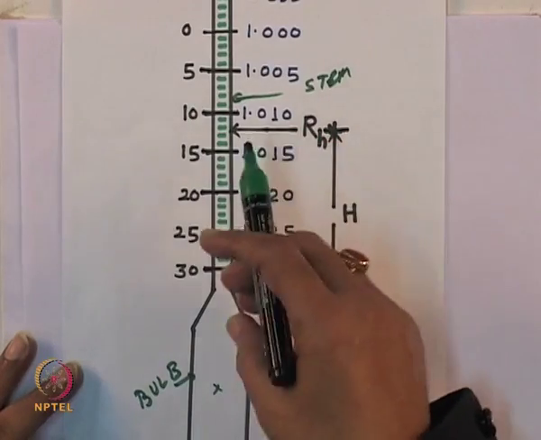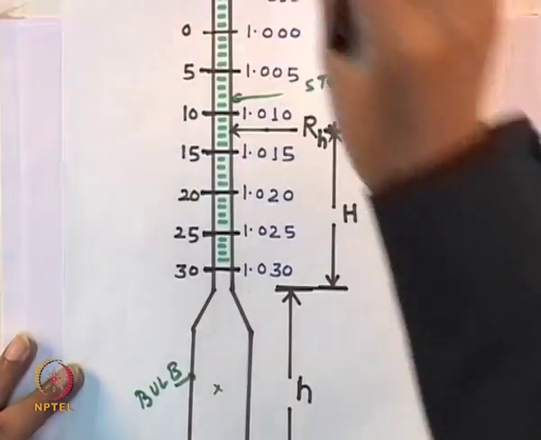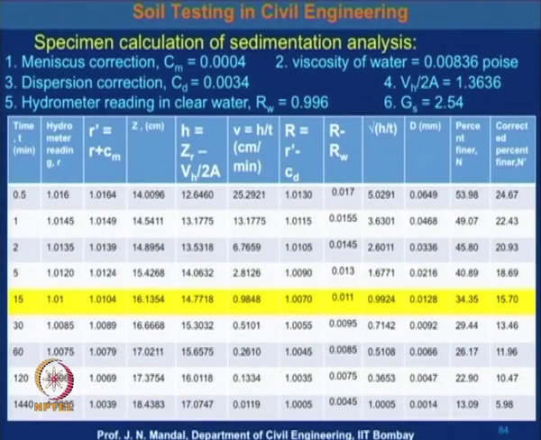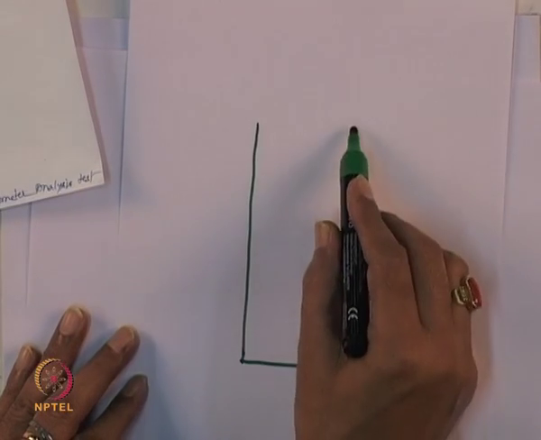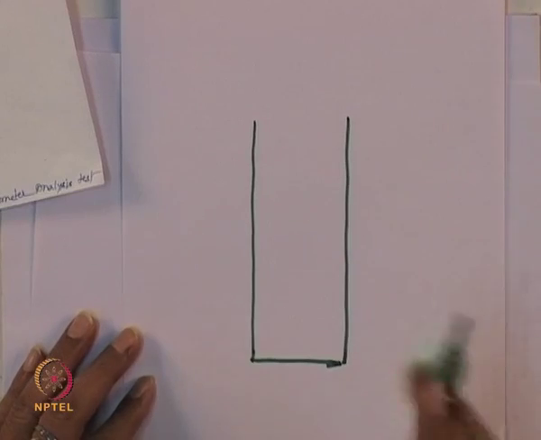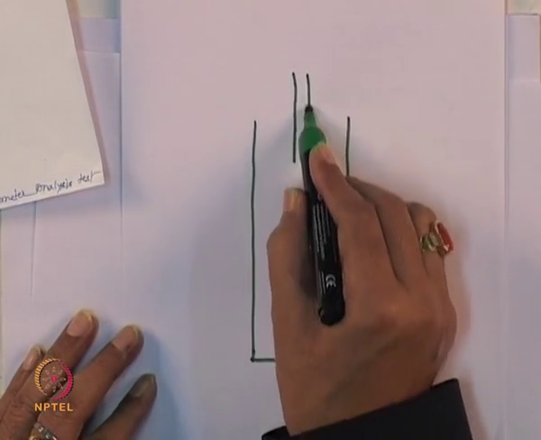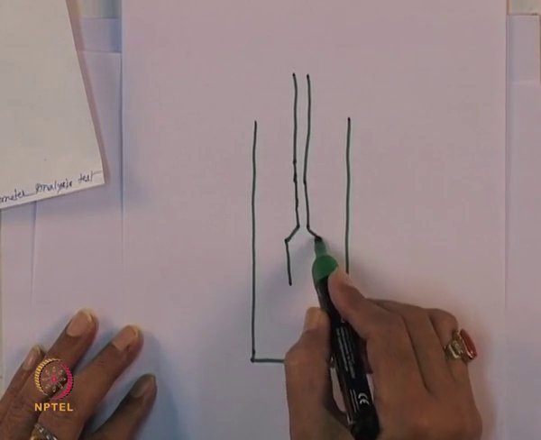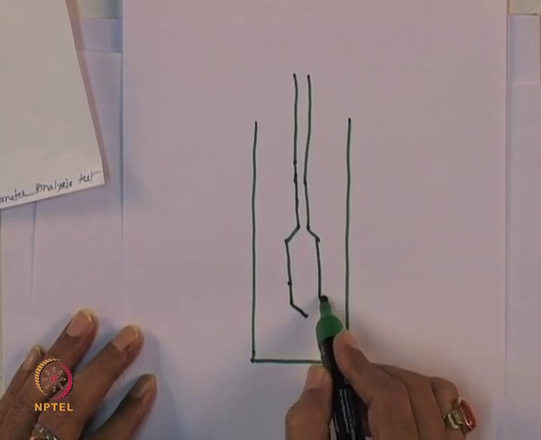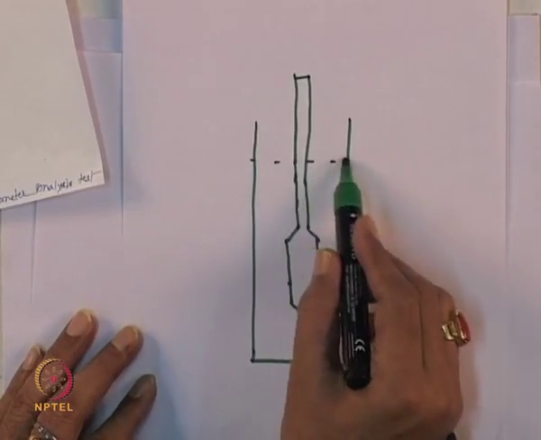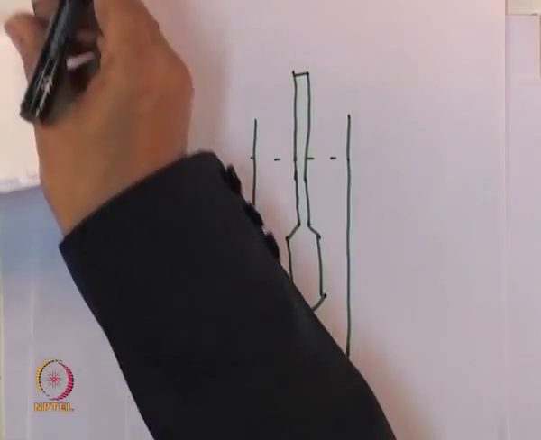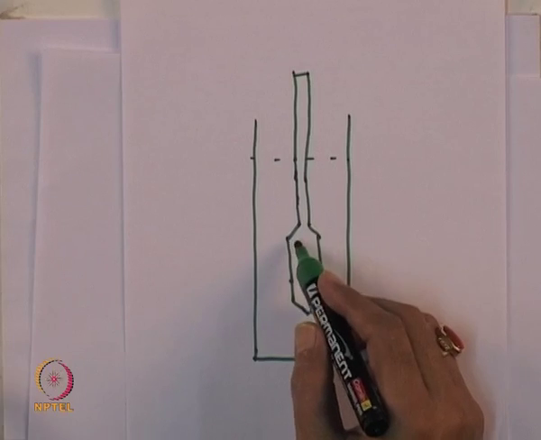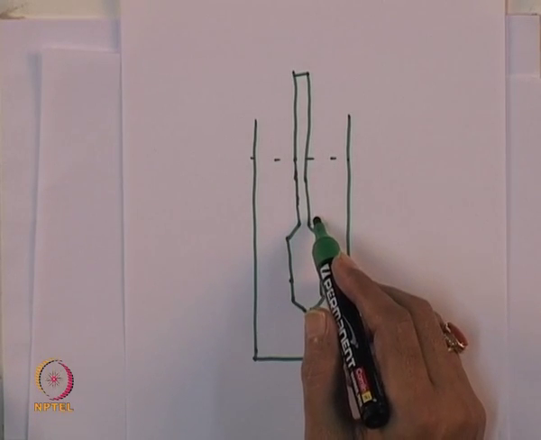Now this hydrometer has to be inserted into the cylinder in which distilled water or water suspension will be there.